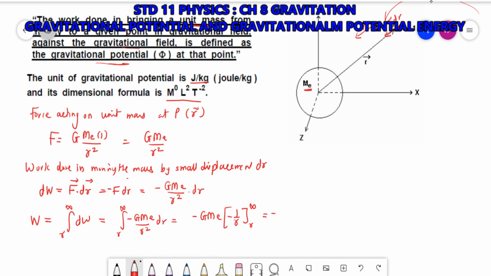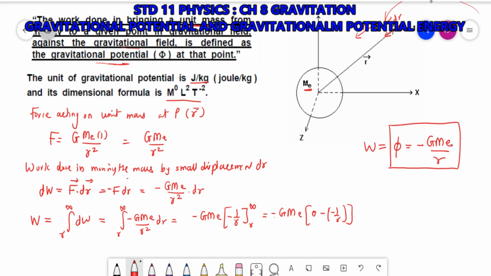Clear? So minus G Me, once we put the value, minus 1 by infinity will be 0, minus minus 1 by r will be plus 1 by r, and with the minus sign, the total work done, which is equal to the gravitational potential, is equal to minus G Me by r. So the gravitational potential at any point at distance r from the center of the earth will be equal to minus G Me by r.